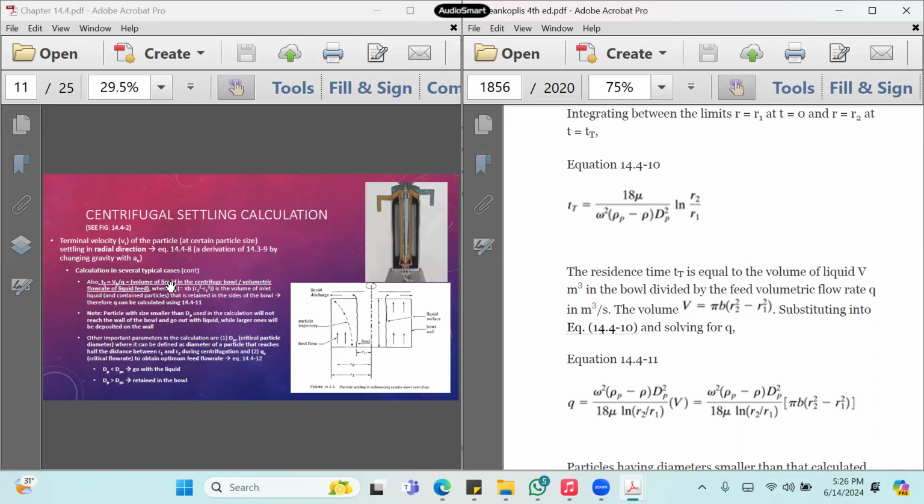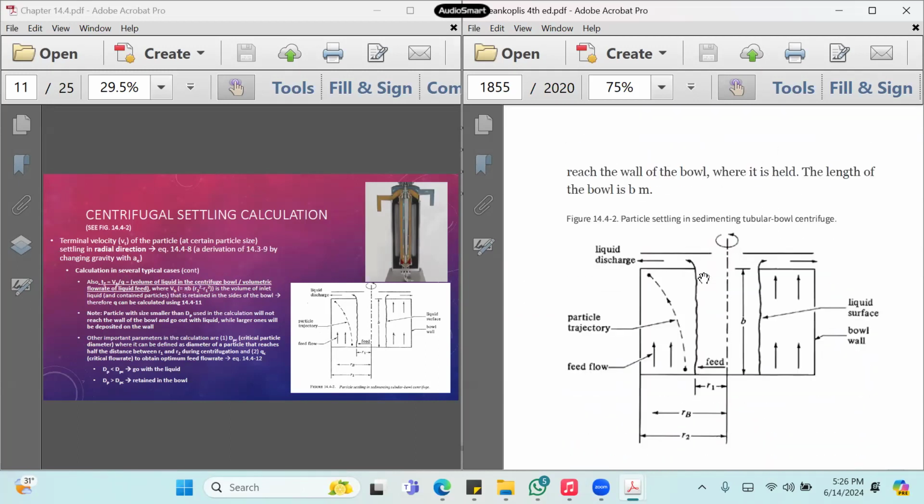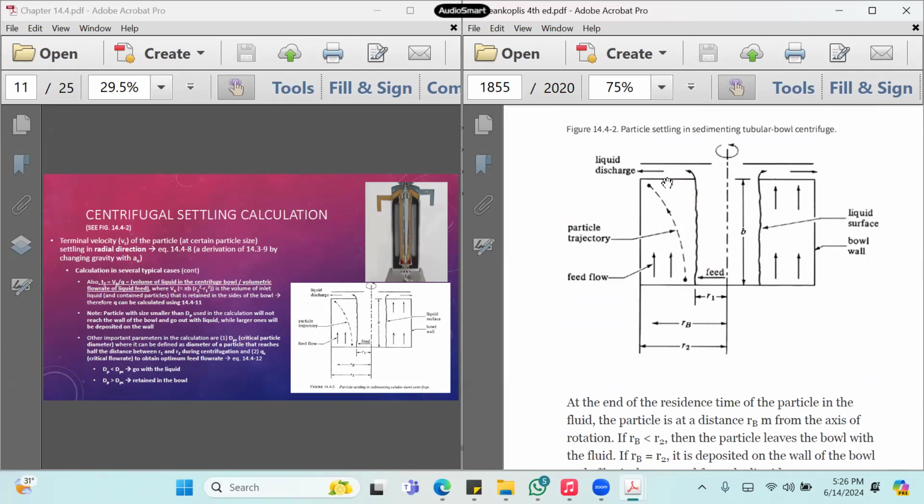VB is the volume of the liquid in the centrifuge bowl. Going back to figure 2, it is the volume of this part, because this one is empty space. Since it's cylindrical, it's the volume of an annulus: the volume of this vessel minus the volume of the empty space.